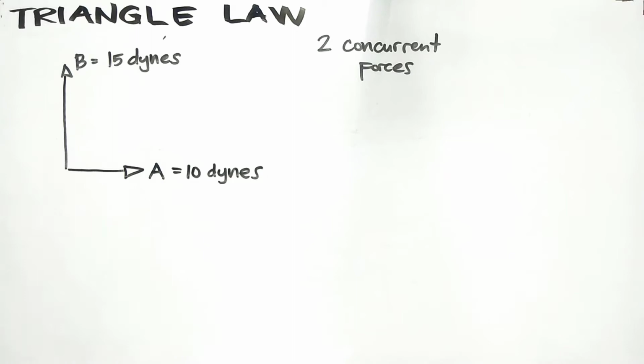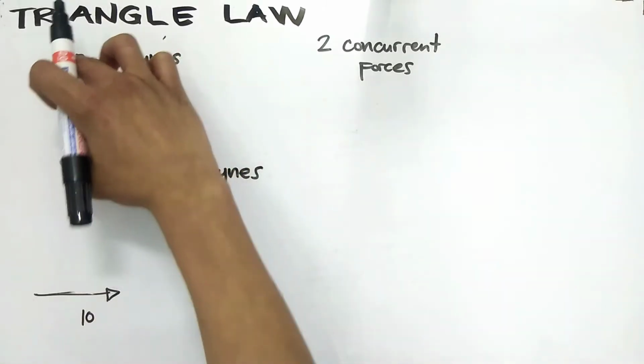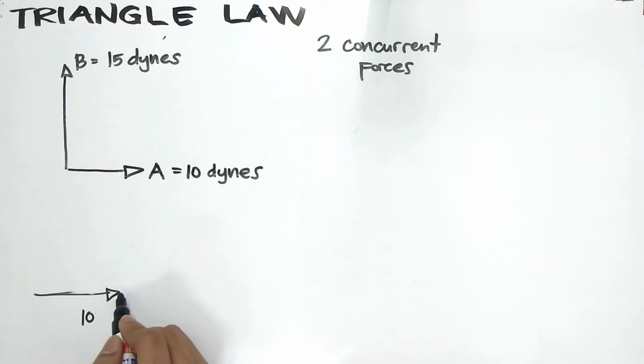So, to find the resultant of our forces, let's copy this first force, that is force A with magnitude of 10 dynes. And then we will copy the second force starting from the arrowhead of the first force.